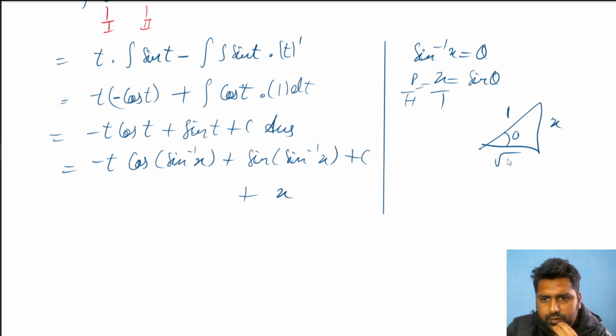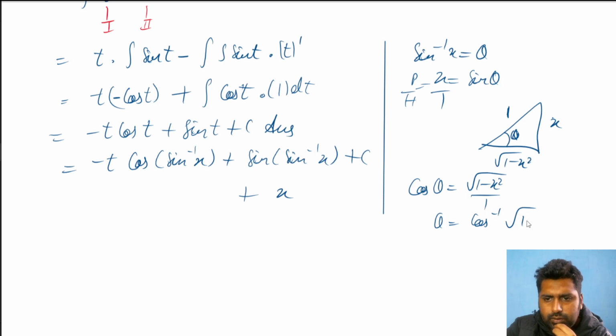So the base will be square root of 1 minus x square. Now we want cos inverse because I want to cancel this cos. So let's write cos theta first. Cos theta is base upon hypotenuse, so square root of 1 minus x square upon 1. So theta is cos inverse of square root of 1 minus x square. You can put it here.